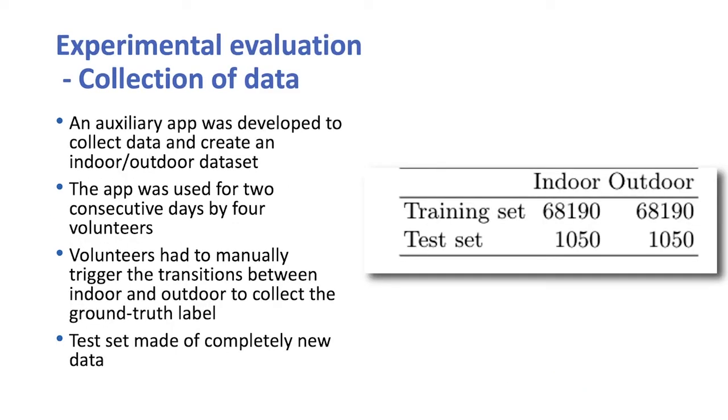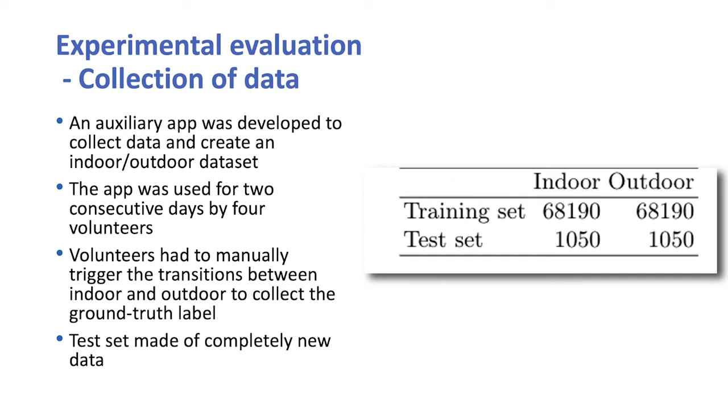We performed an experimental evaluation of the method. So first of all, we collected some data. This has been done using an auxiliary application. The application was used for 2 days by 4 volunteers.